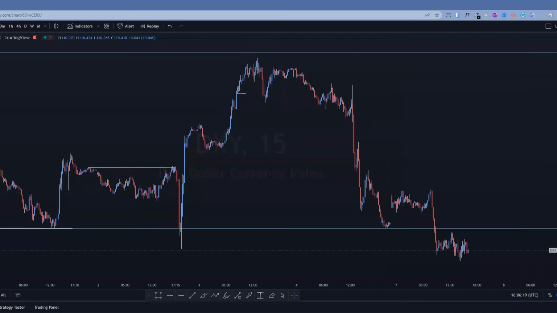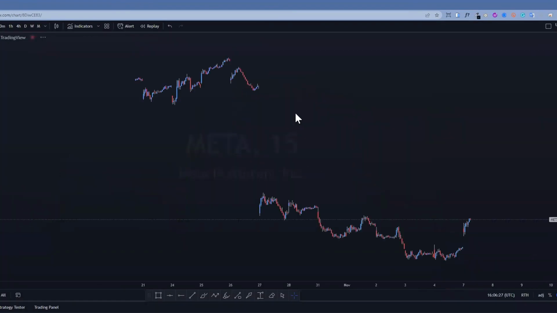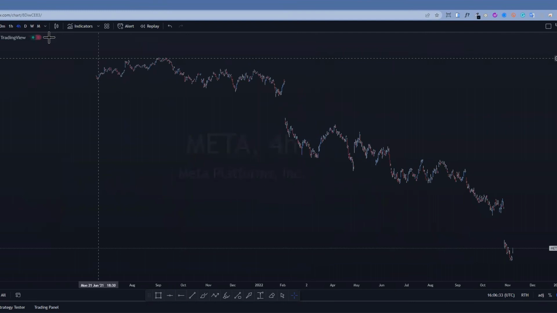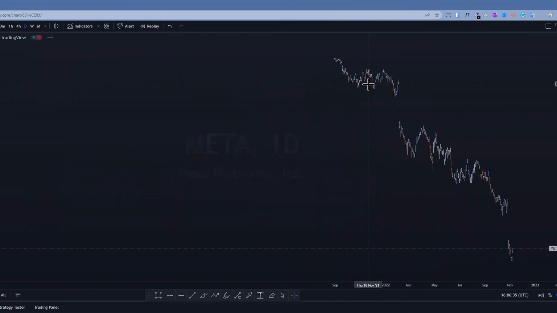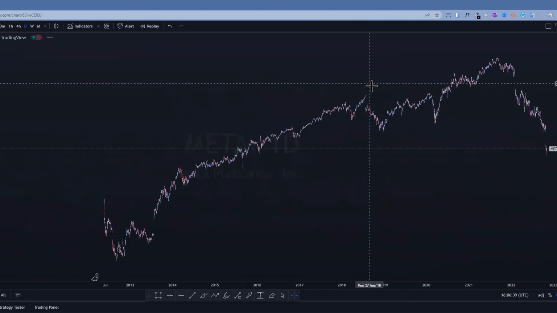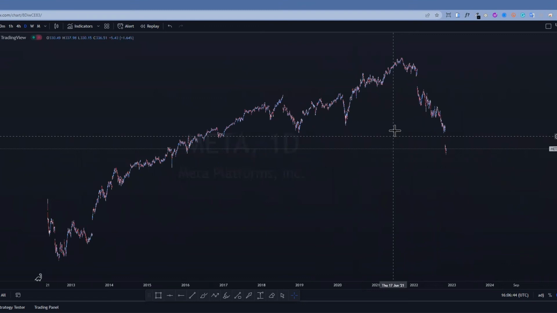All right, for example, let's take a look at Meta. It may work the same way for the stocks. These are big gaps on Meta, but they kind of still work the same way.